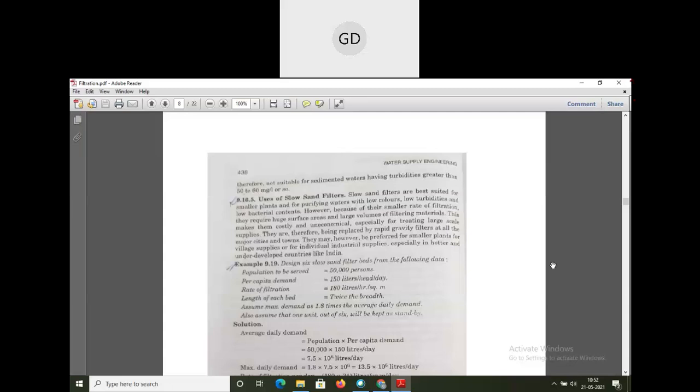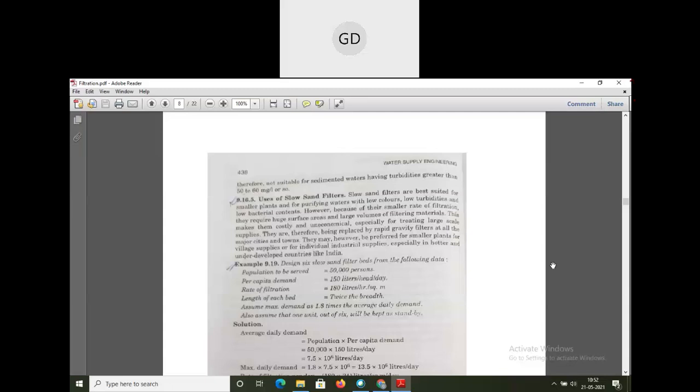But because of their small rate of filtration, they require a huge area and a very large volume of filter materials. So it becomes very costly and very uneconomical for large scale industries. You cannot spend so much on buying all these materials. Also they need a very large area. For all these reasons, they are now not used, as already said.